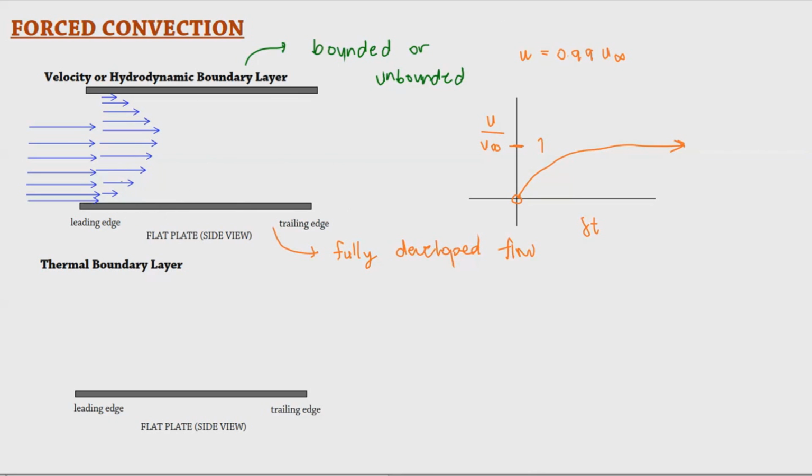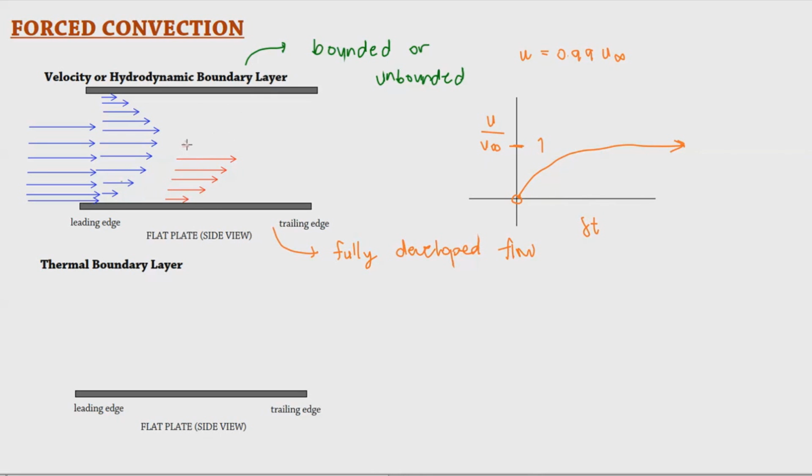Anyway, let's try to have some analysis of these layers of fluid. As we move forward on this flat plate, and further away from the boundary layer thickness, let's have some kind of parabolic instance here.